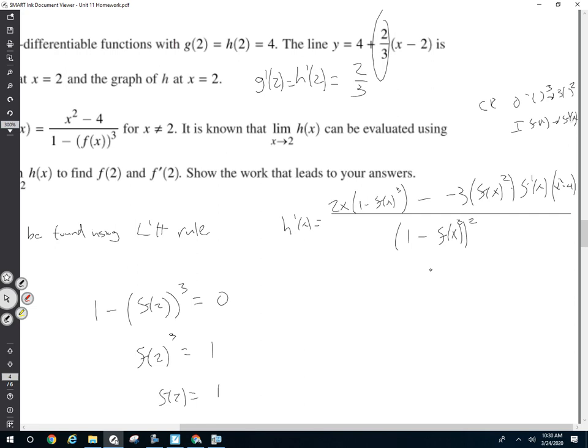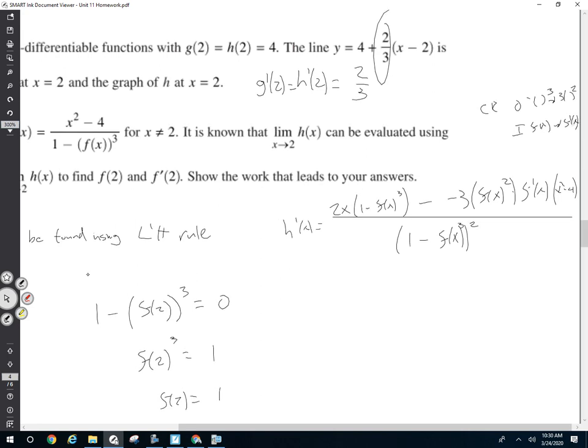Well, h prime of 2 is 0 over 0. This is tricky. So that means I actually have to use L'Hopital's rule to find h prime.